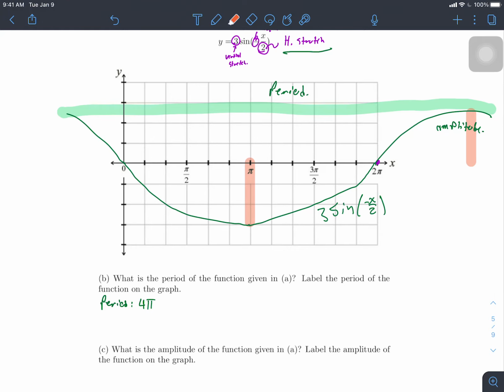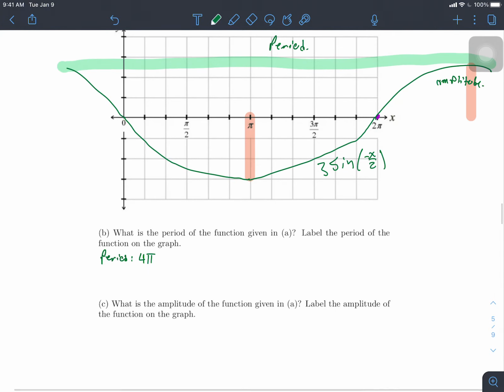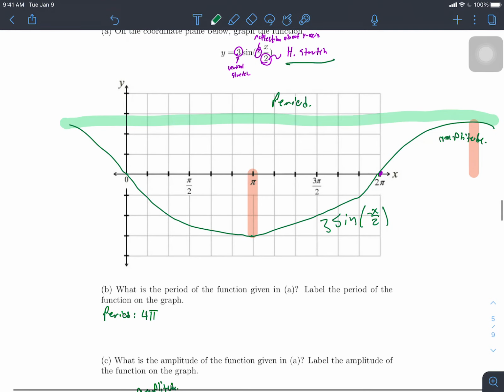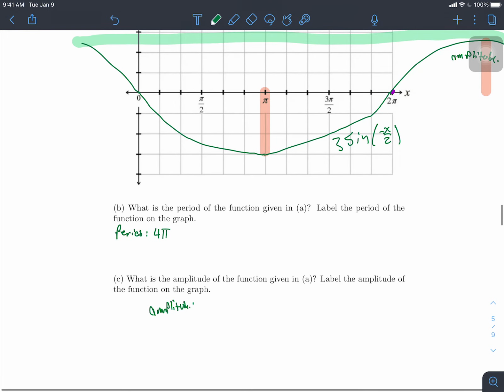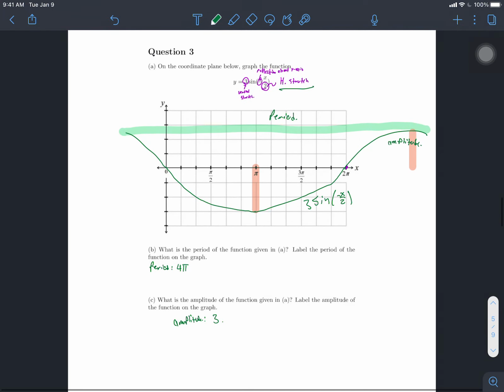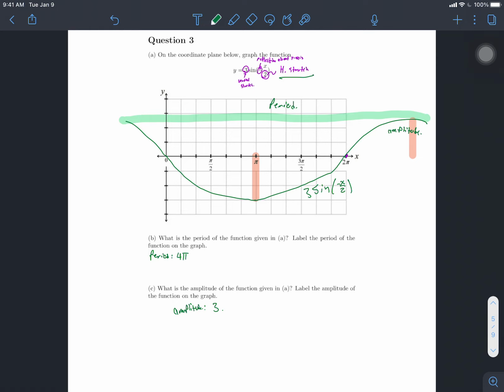We always measure amplitude from the x-axis. The amplitude of the original sine function is just 1, so if we multiply out front by 3 and have a vertical stretch, then the amplitude is going to be 3. So that's how we do this question.